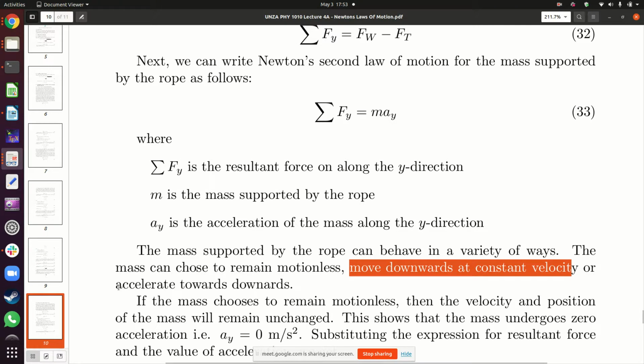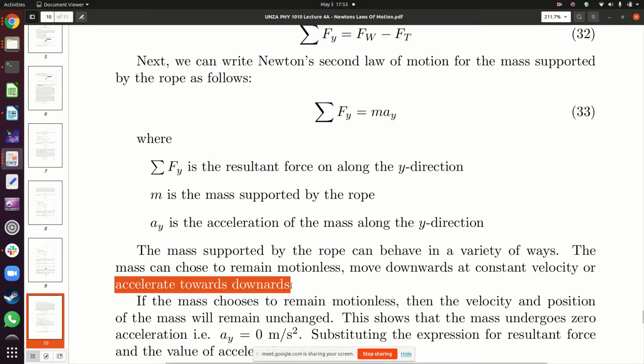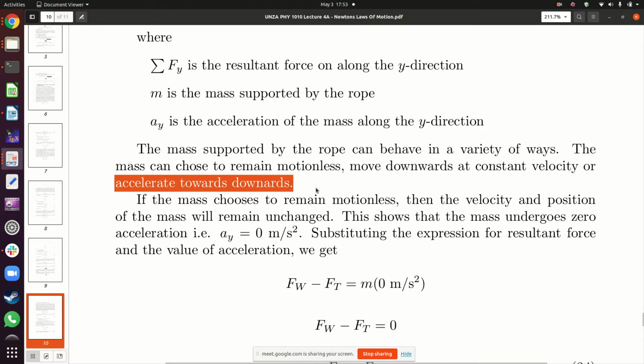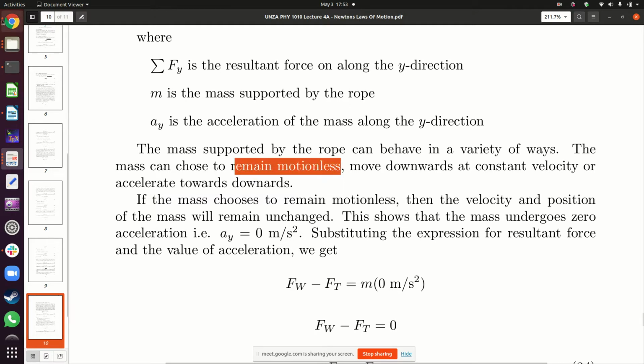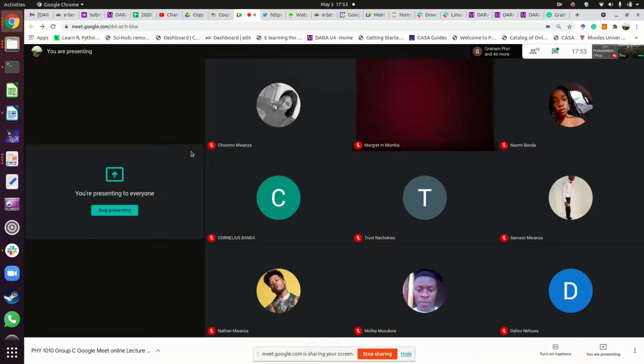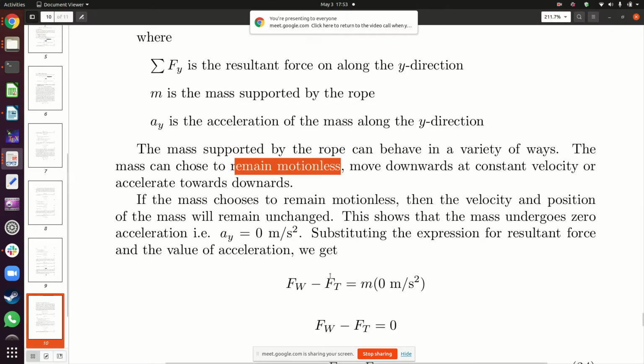Or you can lower the mass downwards very fast. In that case, there's going to be an increase in the velocity of the mass, and that will result in acceleration. So there are three cases. The first two, when the mass remains motionless or when you lower it at constant velocity, the acceleration is equal to 0.